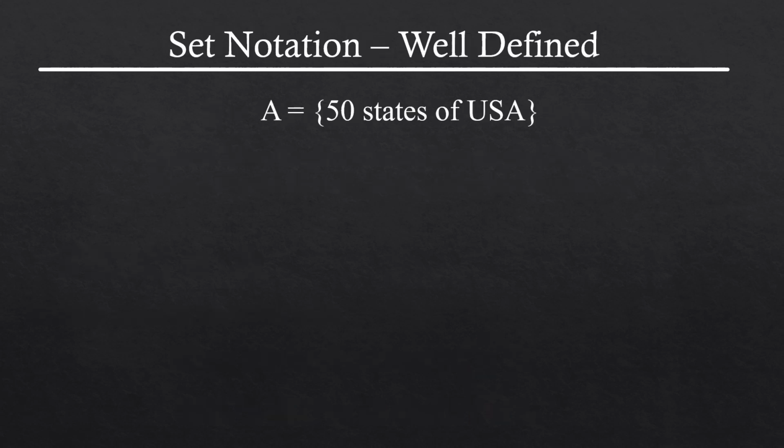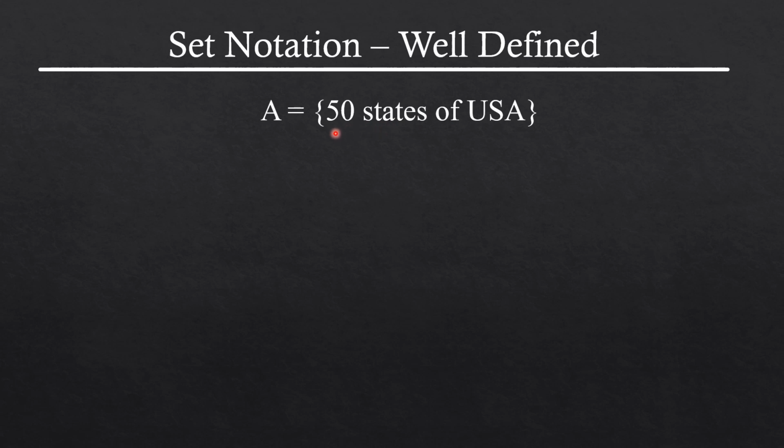Now we're going to talk about well-defined versus not well-defined. The set A is equal to the 50 states of the USA. If it is well-defined, that means that everybody should be able to tell me what that set looks like.